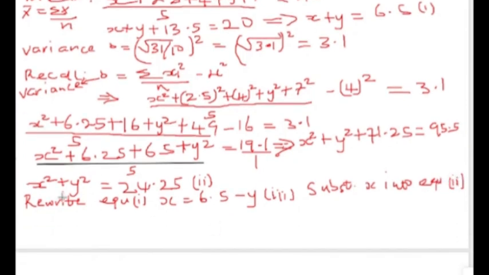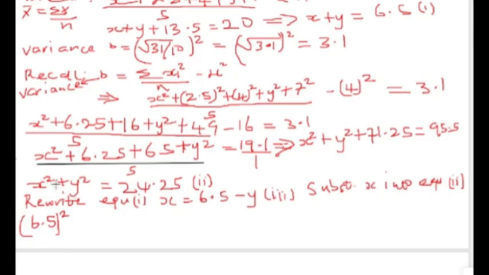Okay, so that's it. So this gives us x squared. So watch what I'm doing. I'm substituting x, which is now 6.5 minus y, into equation 2.